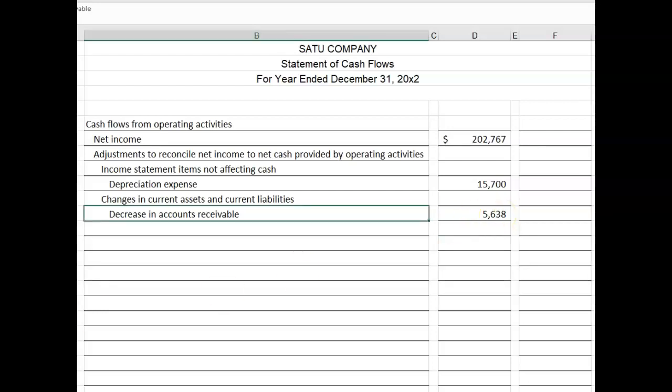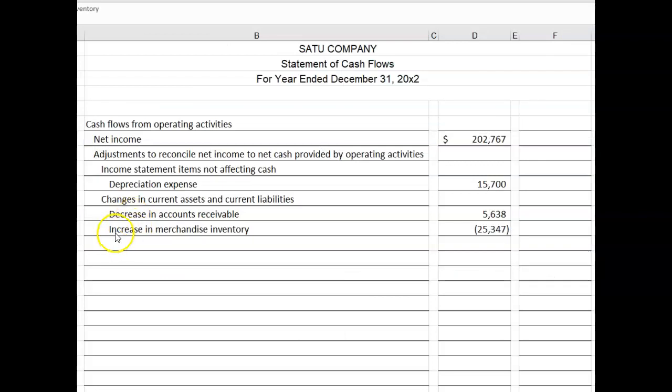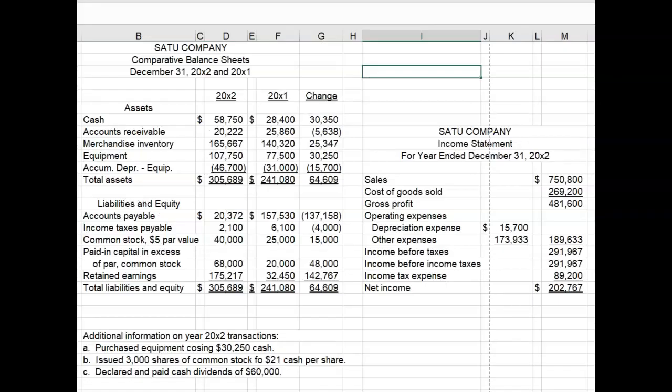Let's do the other current asset, which is merchandise inventory. Merchandise inventory increased during the year. So we will say these exact words, increase in merchandise inventory, and because it was an increase, we're going to subtract $25,347 from net income, the opposite. Increase in merchandise inventory, and that's exactly what it says here.